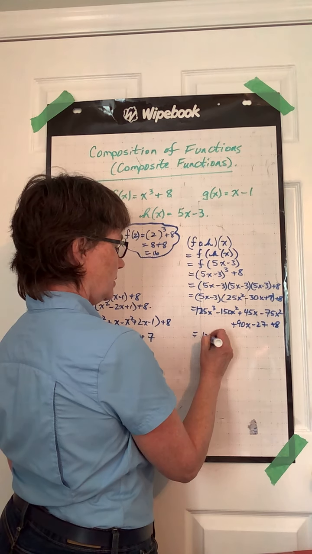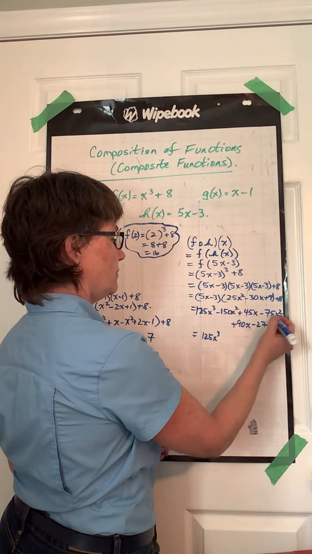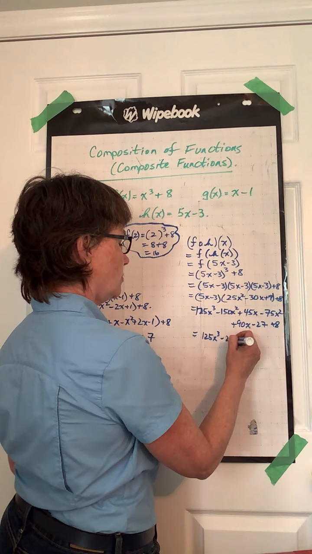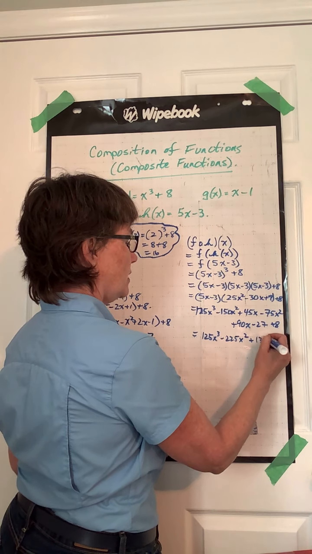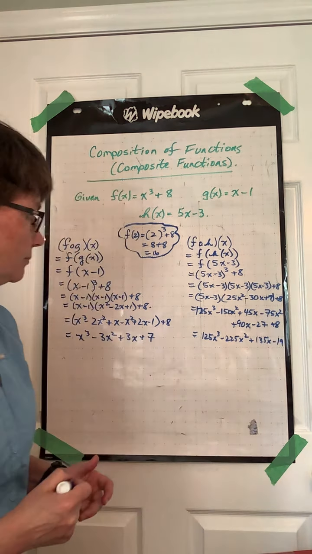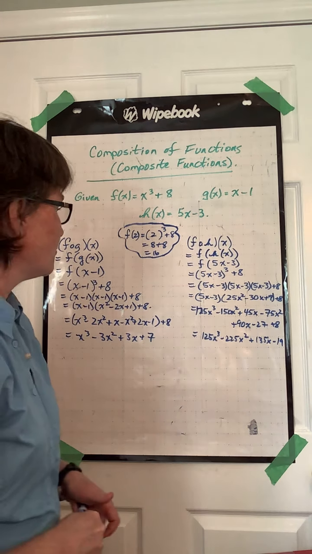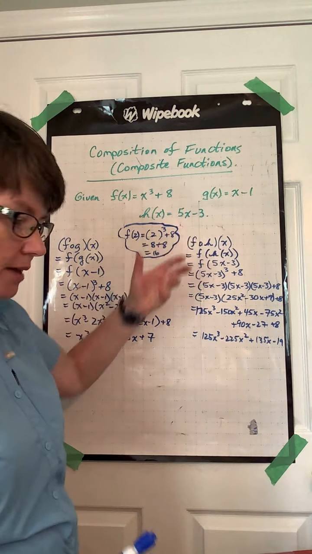Combine our like terms: 125x cubed, minus 150 minus 75, minus 225x squared, plus 135x, subtract 19.